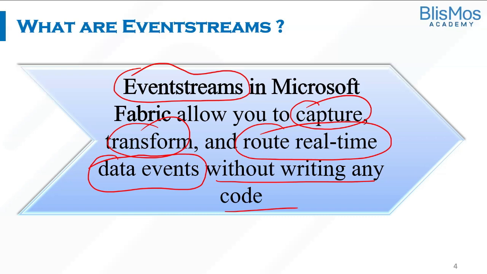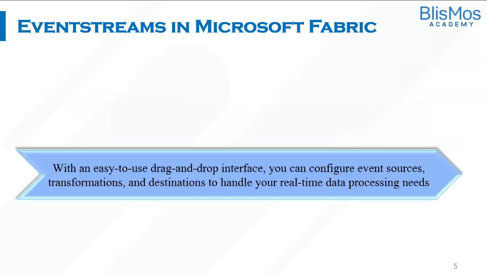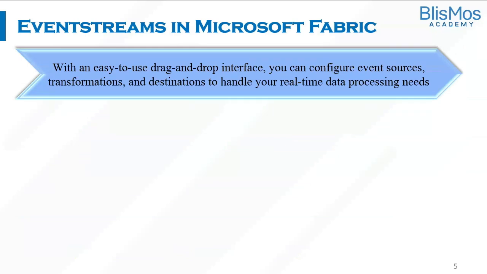Which means there are packages available within the event streams which allow you to pick and choose to enable real-time data analytics. That is event stream. Just to go further, when we say no code, what does no code mean?